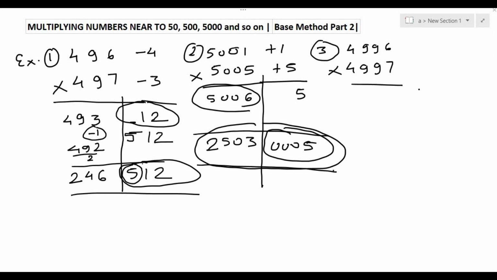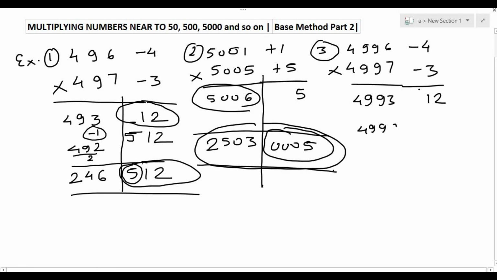Here let us see one last example before concluding this video, that is 4996 into 4997 with base 5000. So minus 4 and minus 3, multiplication will be 12, and here it will be 4993, an odd number, so 4992, minus 1, adding 5 here.